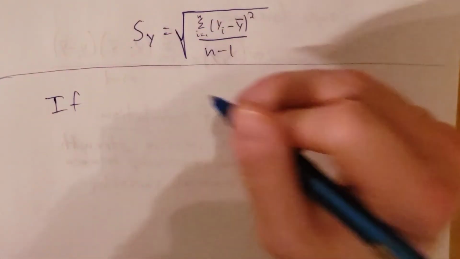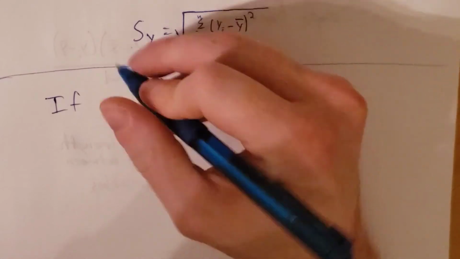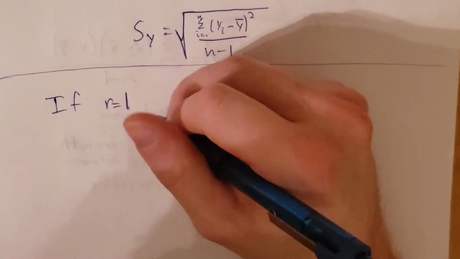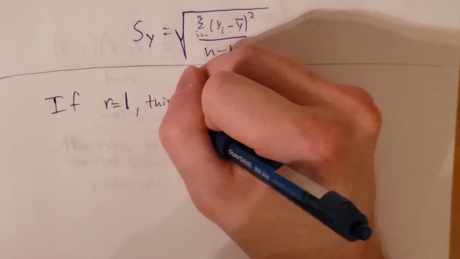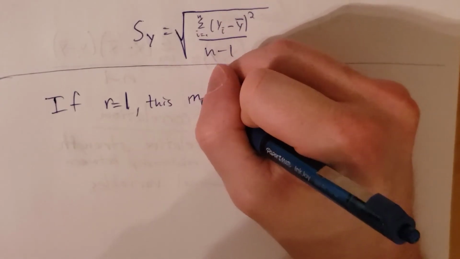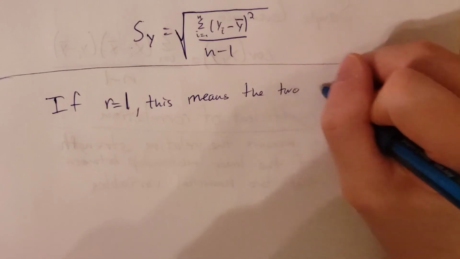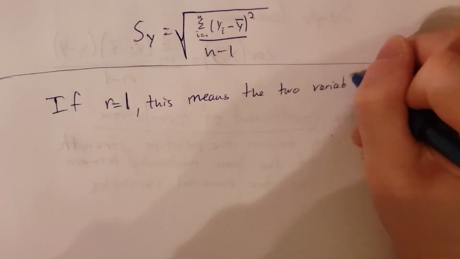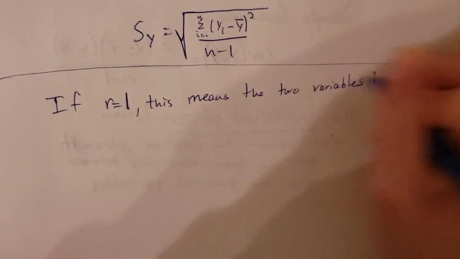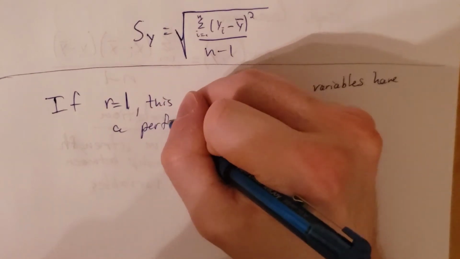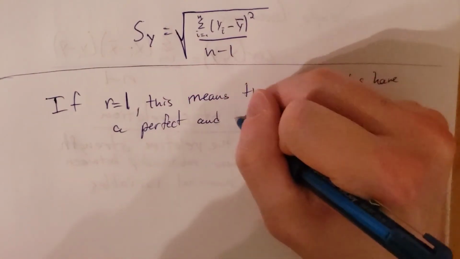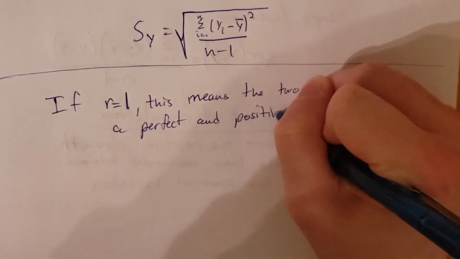If r is equal to +1, this means the two variables have a perfect and positive linear relationship.